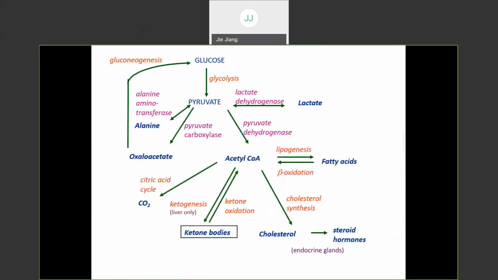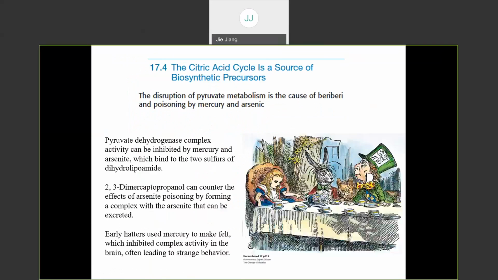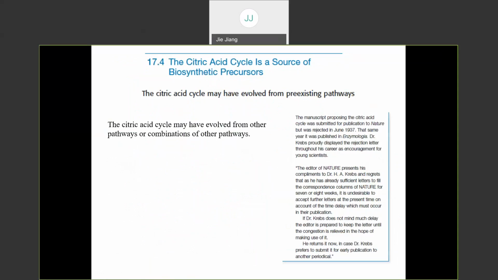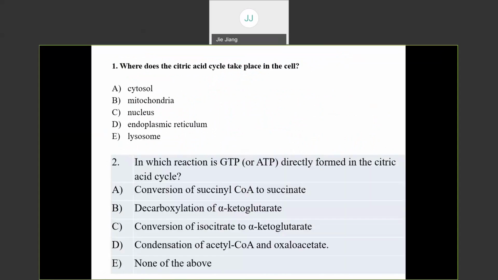So really for 17.4, you don't need to worry too much. You won't be tested. There will be no question related to that part. So only 17.1, 17.2, and the introduction part will be in your exam. And I'm not sure whether you checked the iCollege. I changed the contents for exam 3.